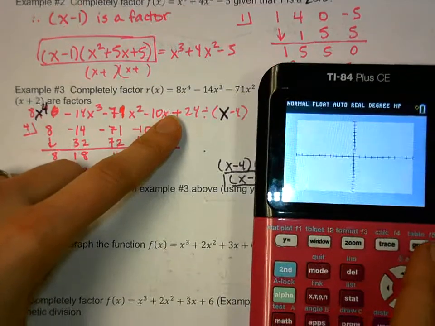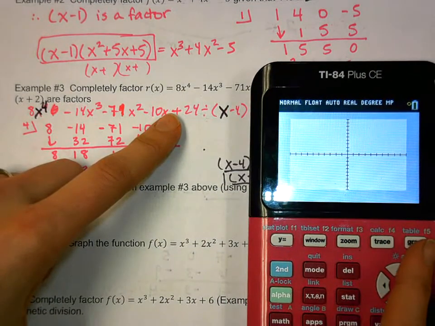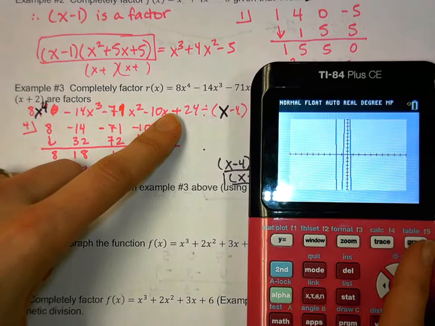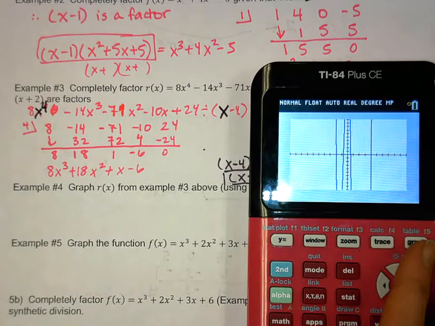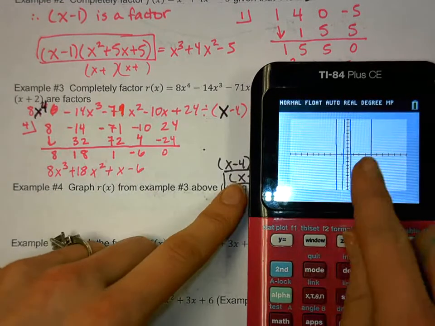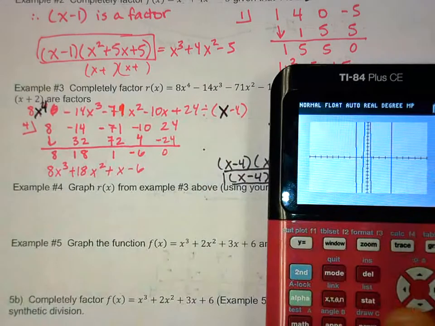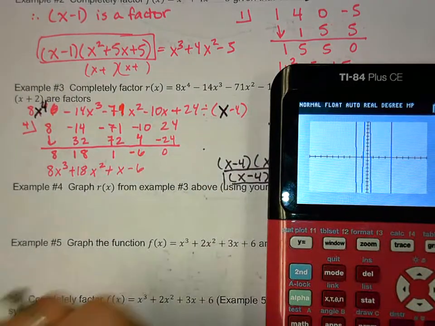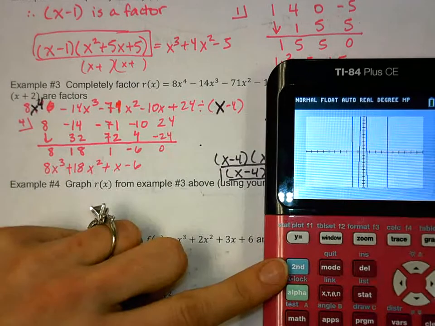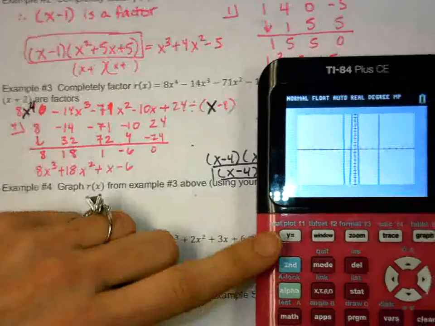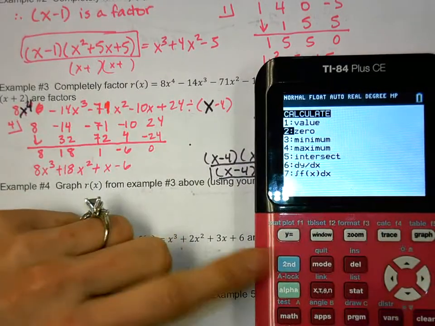I know I have something on my screen. Okay, these zeros do show up at +4, -2, -3/4, but how can I confirm? Again, what do I press on my calculator? Second trace, go to 0, right?